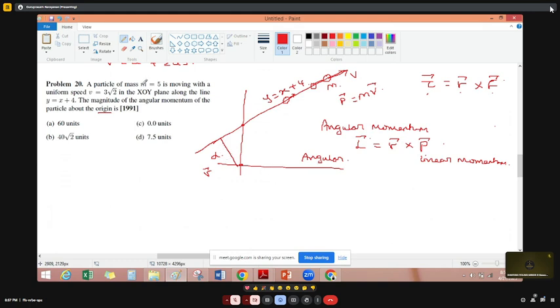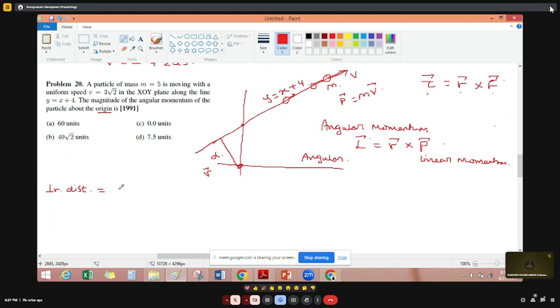So mass is given, velocity is given, so finding this is very easy. The only thing I have to find here is this r, the perpendicular distance. If I know a line and I know the point, in your mathematics I think you have a perpendicular distance formula.